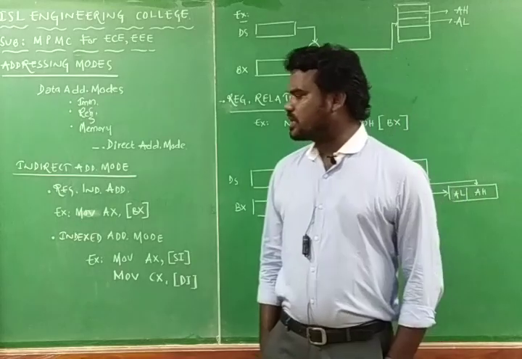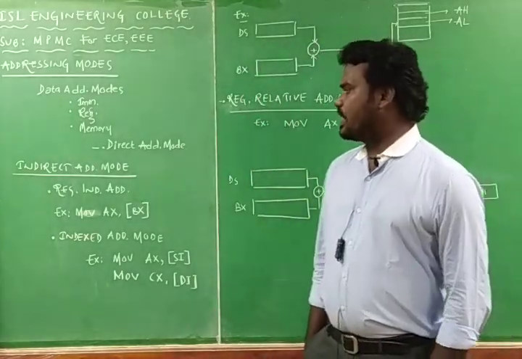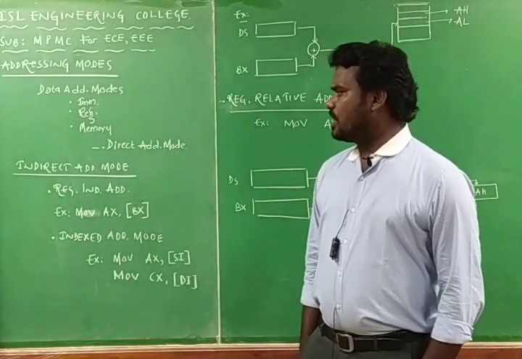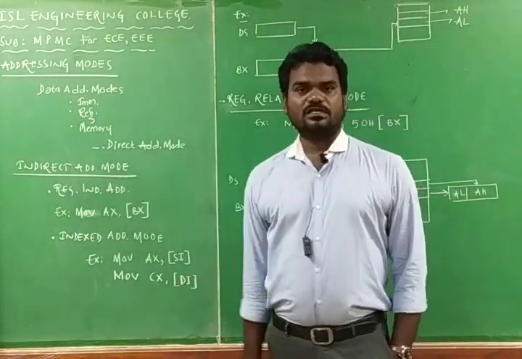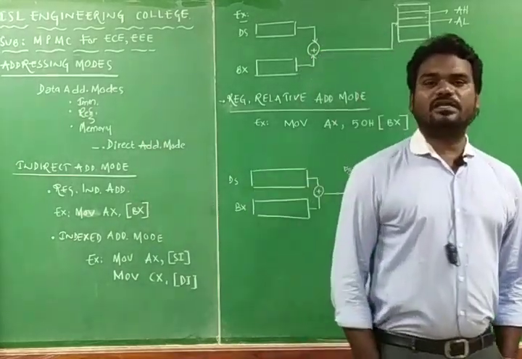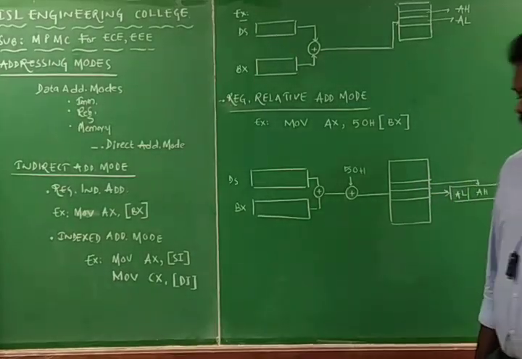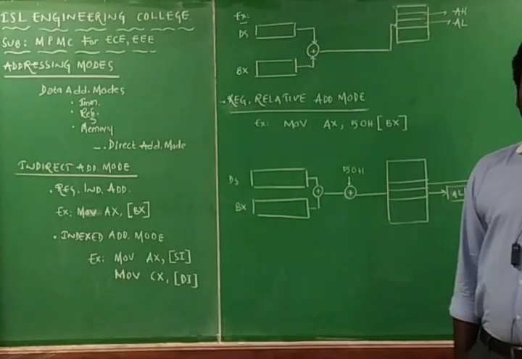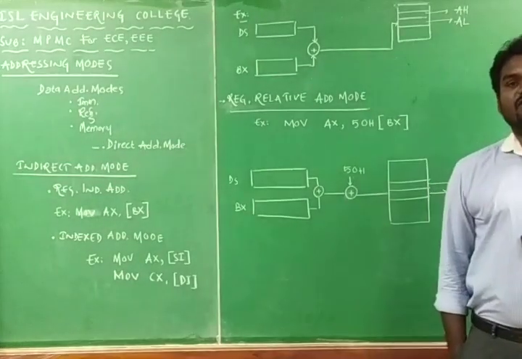Now we are going to talk about the remaining types of addressing modes in the memory addressing modes. In the memory addressing modes we have two: one is direct addressing mode, another one is indirect addressing mode. In the direct addressing mode, we discussed that the offset address is given in the instruction itself, and that offset address is given to the bus interfacing unit, where it can have the segment address.